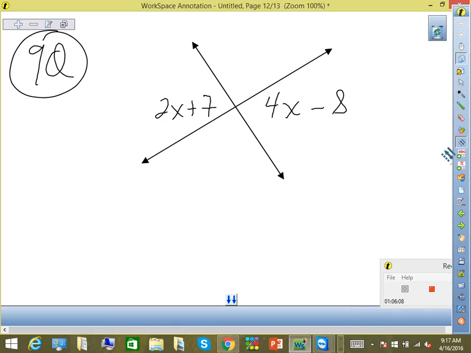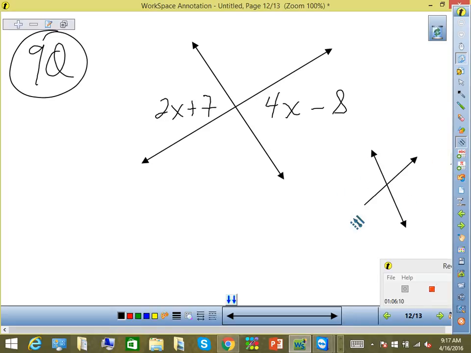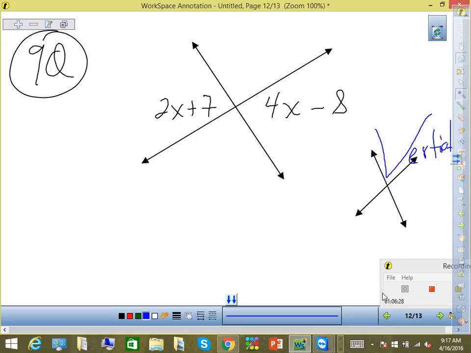Whenever they introduce angles, such as these, an easy way to remember what kind of angles these are, if you look at these two lines, they form a letter here. Do you guys see that letter? The letter V. These angles are known as vertical angles.